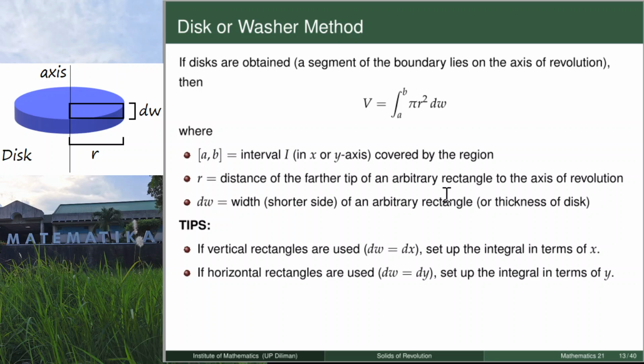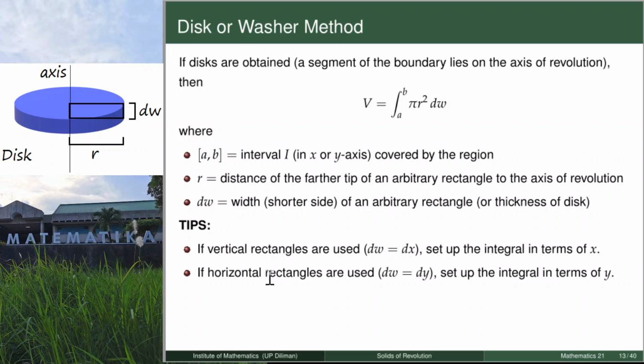Therefore, since we used x here, and definite integrals should only be expressed in terms of one variable, then that means we must set up the entire integral in terms of x, meaning the radius is in terms of x as well as the interval. The interval should be on the x-axis as well.